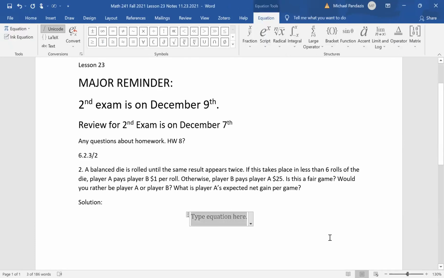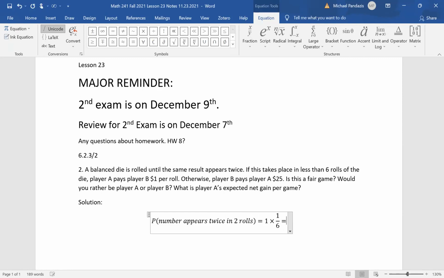The probability that a number appears twice in 2 rolls: the first one could have been anything, but then you multiply it by 1/6, the probability that it's the same as the first roll. So there's a 1/6 chance that a number appears twice in 2 rolls.